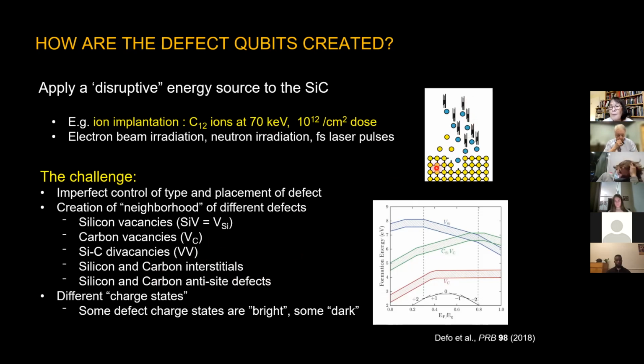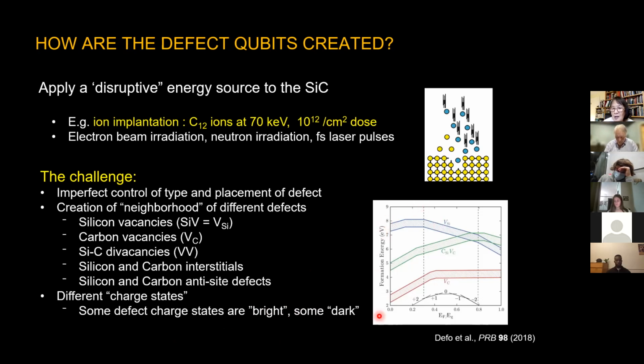And to compound that, there are those different charge states. I told you I wanted a negatively charged silicon vacancy, because depending on whether the state is negative, neutral, or positive, I may or may not get light emitted from the transition. So it makes a difference.